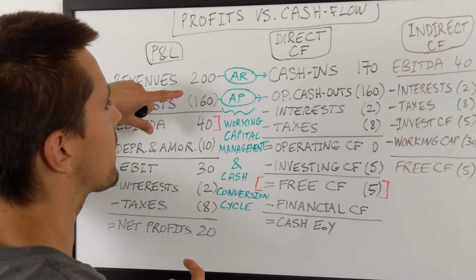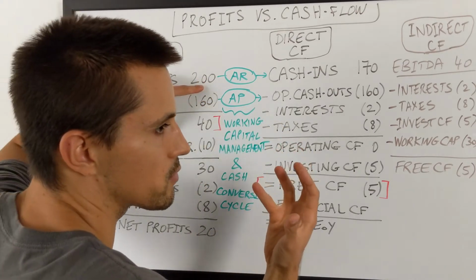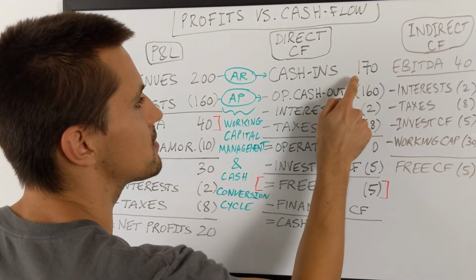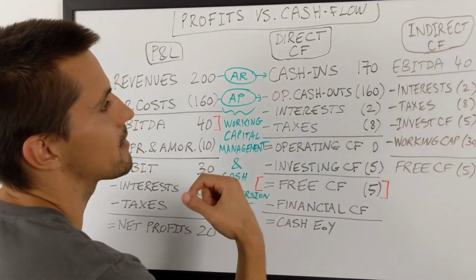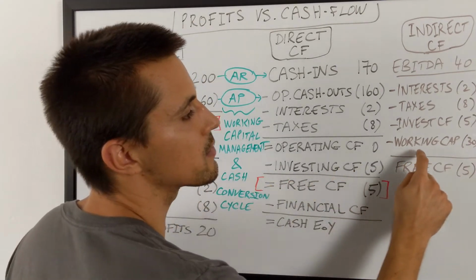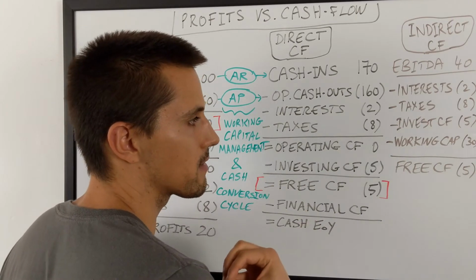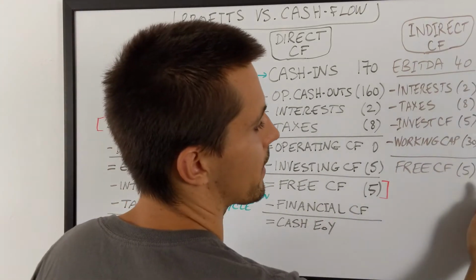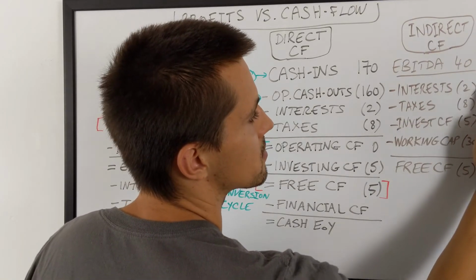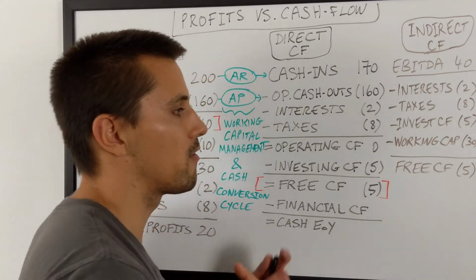But on the revenue side, my 200 of revenues, so 200 of sales, only turned into 170 of cash ins, which means that 30 are still in my client's pocket, so they're not in my bank account. That's why the working capital here is -30. That's the money I'm still missing right now. And this explains the bridge. So we're going from 40, -2, -8, -5, -30 to a free cash flow of -5.